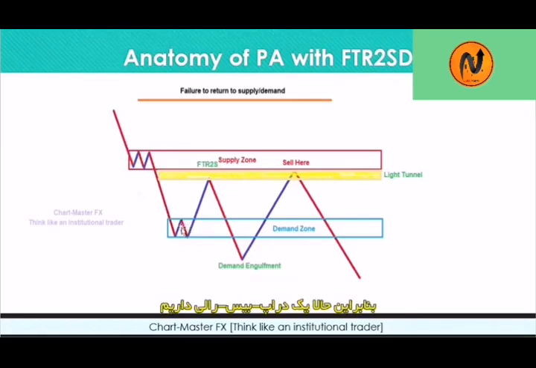Once the price created a cap here, it actually created a drop base rally. So when it created a drop base rally, the market failed to come to the supply zone. So this is what we call failure to return to supply zone.